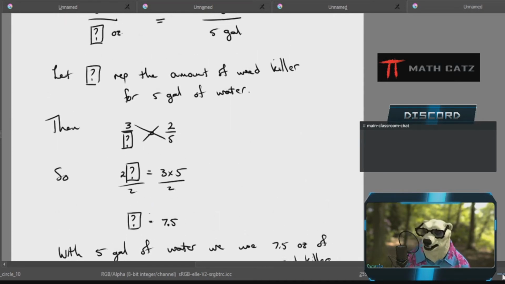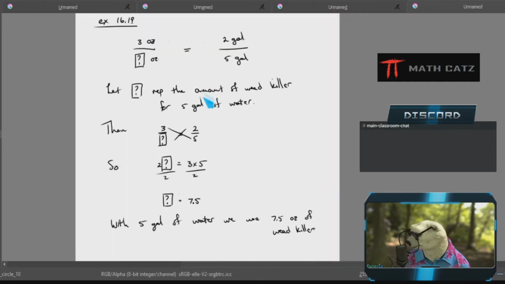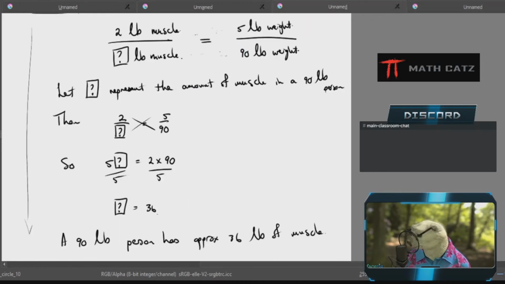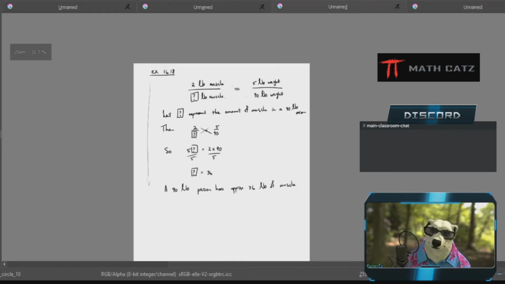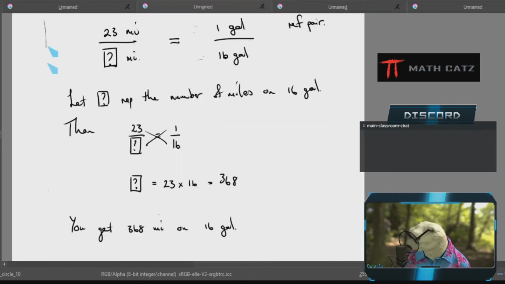Oh, this one's a little, I need to zoom out a little bit, right? Zoom out just a touch. Same process. Ooh, this one's zoom in too, wow. Not that, there we go. Same process.